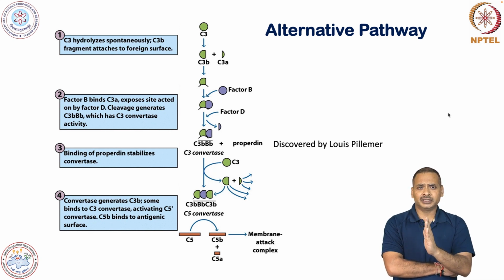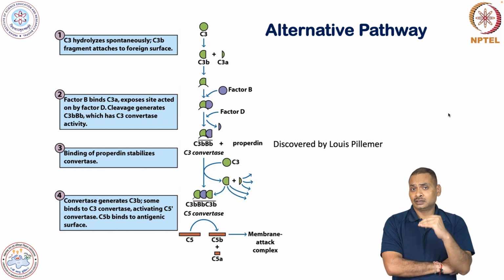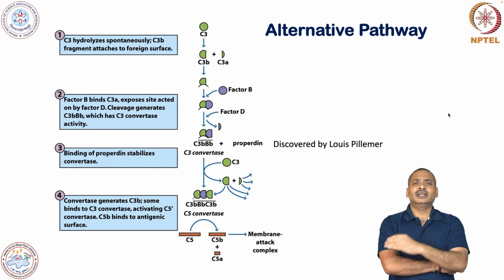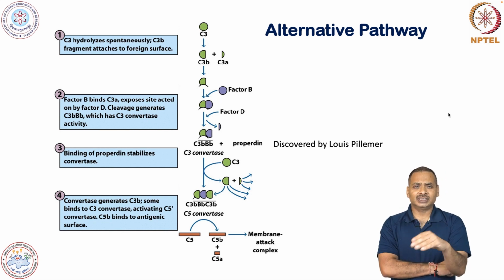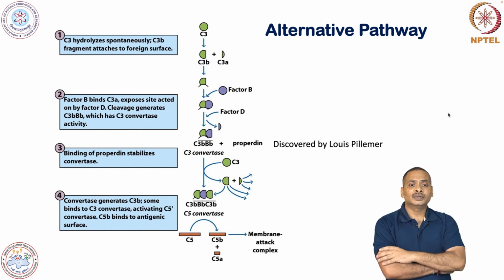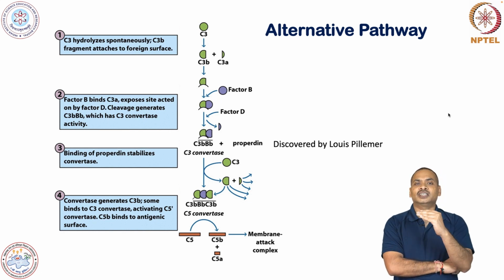One fate will be, it will be deposited on the target microbe, or microbial cell, and then it will be opsonized and readily phagocytosed by the phagocytic cells. Another fate will be, this will generate the C5 convertase.